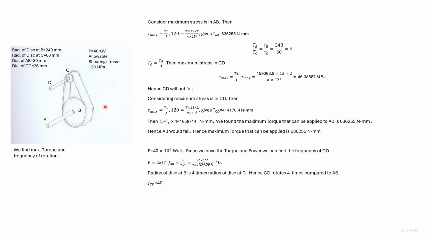Here we see that the same strap goes around the disk B and C. So the tension in the strap will be constant, which means that the force applied in B and the force applied in C will be the same. Thus, the ratio of torque in B and C would be equal to the ratio of their diameters, as in the case of two gears adjacent to each other.